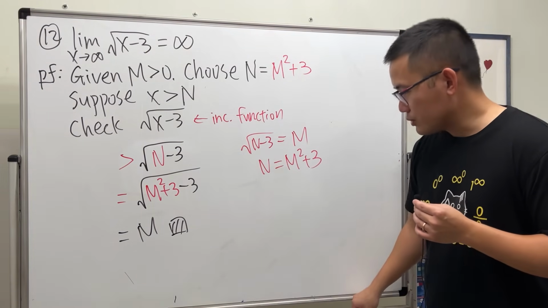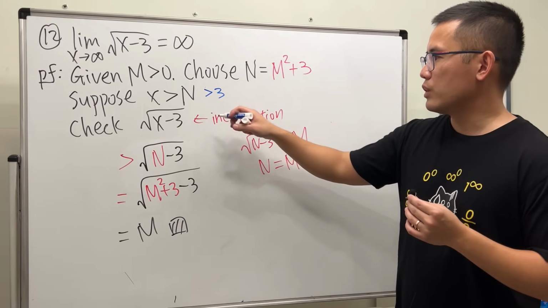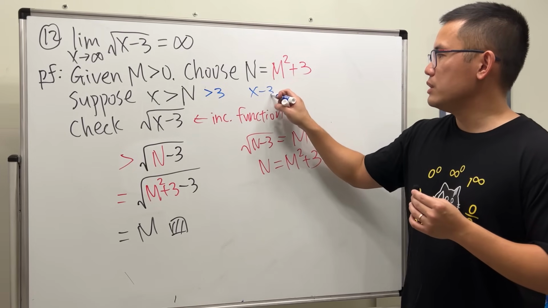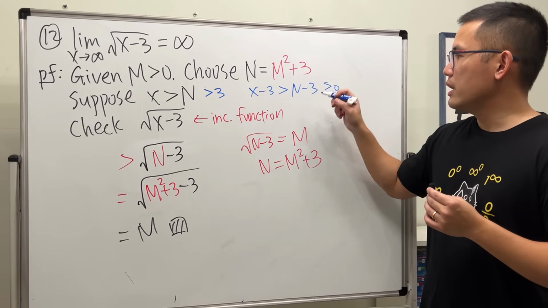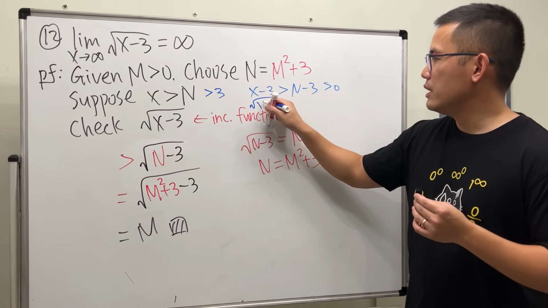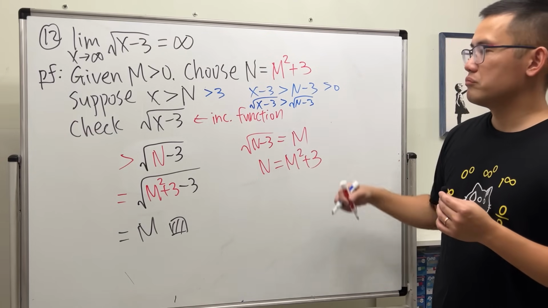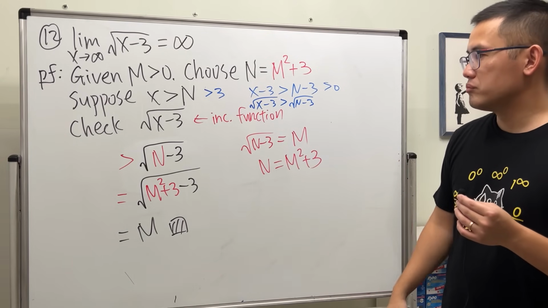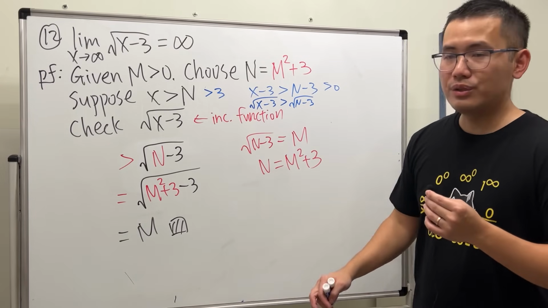Sometimes some people may want you to write it down as this is greater than 3, and then just work out, okay, x minus 3 is greater than N minus 3, greater than 0, and then you take the square root on both sides like this. So square root of x minus 3 greater than square root of N minus 3. So yeah, it kind of depends. This might be even more clear, but that was pretty good too.